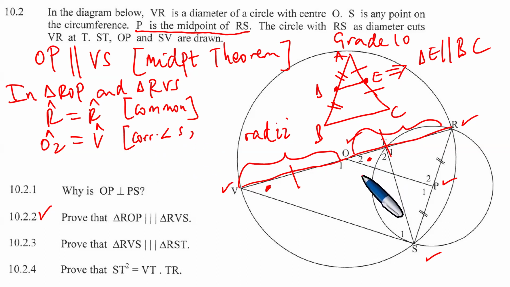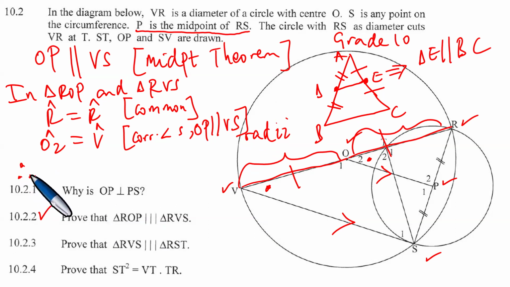These are corresponding angles because you already have that this is parallel to this. So O2 is equal to angle V, and these are corresponding angles. Every time you have corresponding angles, always tell the examiner which lines are parallel to each other. So we have that OP is parallel to VS.